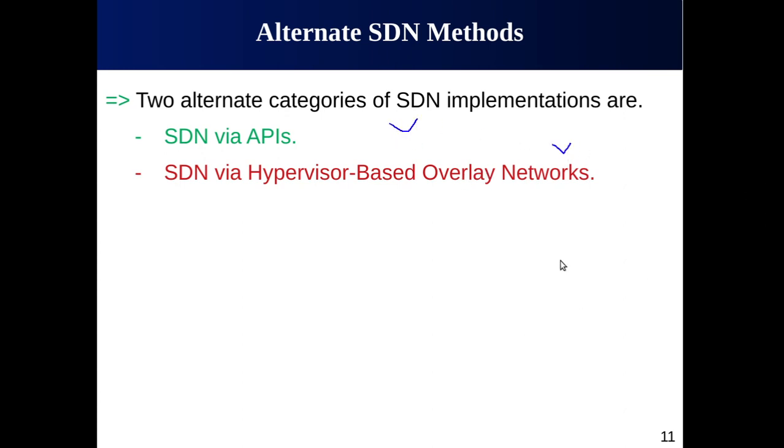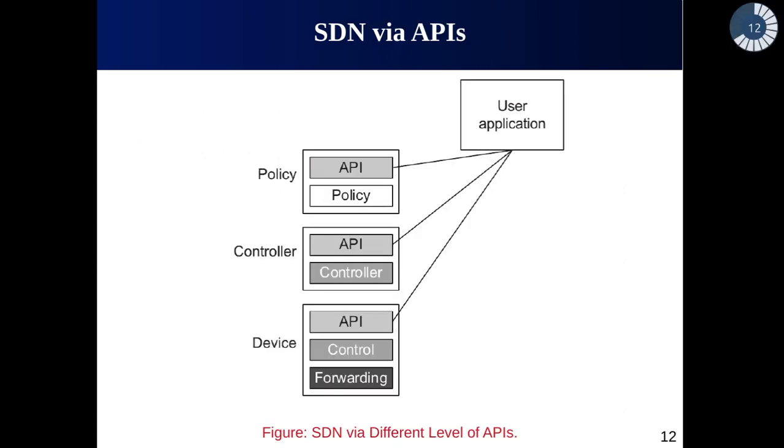Let us see them one by one. SDN with the help of APIs. Consider that the basic concept of SDN is to move control functionality from devices to a centralized controller. Then this can be accomplished in other ways than the OpenFlow centric approach, which is coupled to Open SDN. We can achieve this in another way.